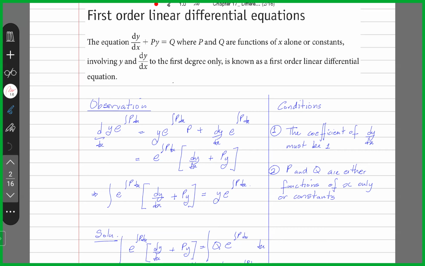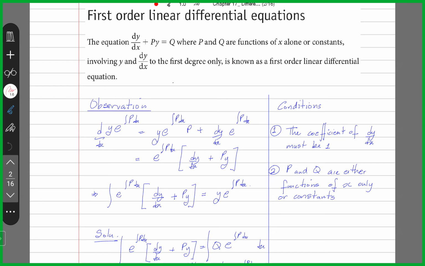So p and q could be functions of x alone, or they could be constants involving y and dy by dx is the first degree to the first degree only is known as a first order linear differential equation.